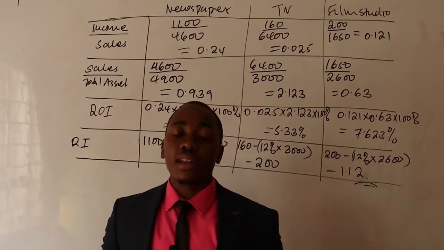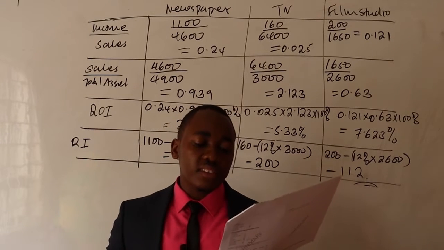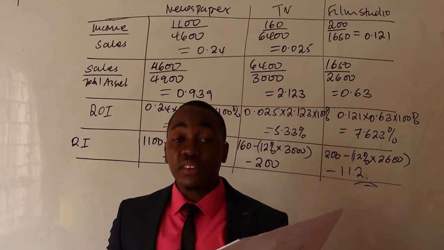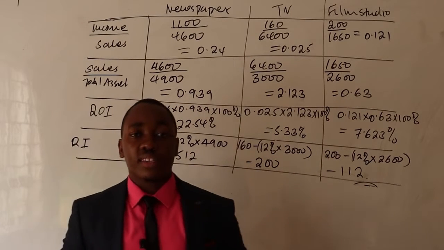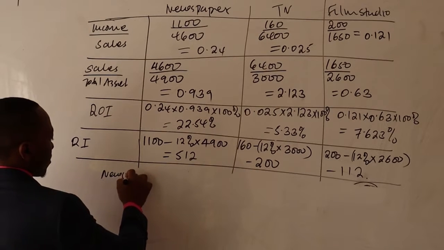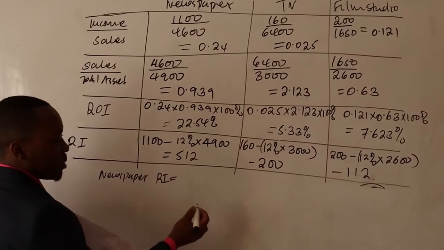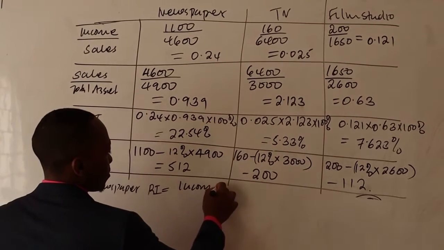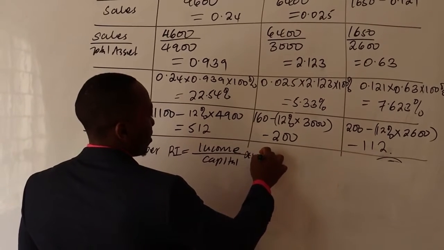So now let's go to required number B. It says, explain whether Mark should undertake the fast speed printing press investment proposal. So we need to advise whether he should accept. For the newspaper, let's start with the return on investment. We said you take the income over total assets or the capital times 100.